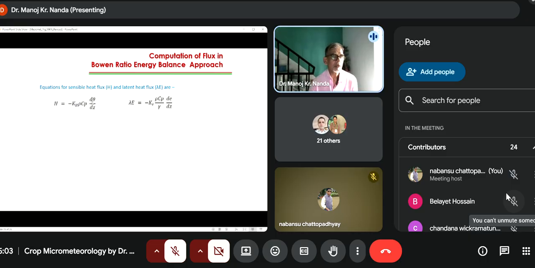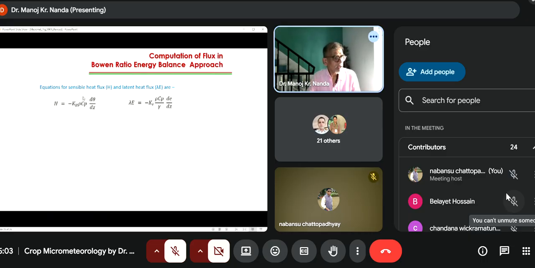And theta you can actually write as T, but conventionally theta is used when there is a potential temperature. In micrometeorology, there is not much difference between potential temperature and actual temperature, because we are considering a smaller layer. Within this smaller layer, the pressure varies little, so potential temperature is almost the same as actual temperature. Now d theta by dz, some people write it as dT by dz. There is no harm in it.